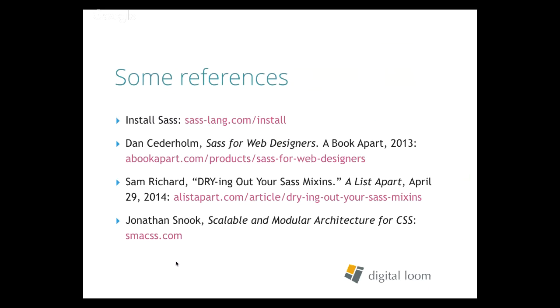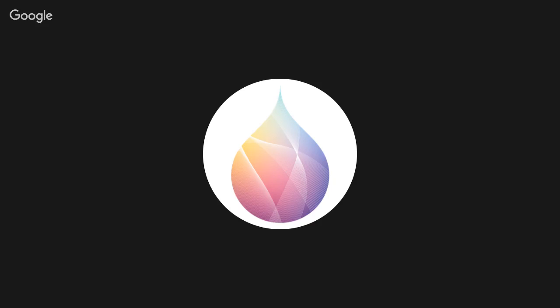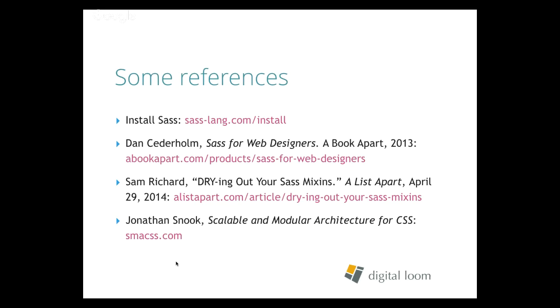And then at the end there's Jonathan Snook's reference on SMACSS, which I haven't talked about, so I don't even know why it's there. But it's one of the principles by which Drupal 8 style sheets in your themes are organized, and so I think it's important to go in and see what that's all about, because that's something that we're supposed to be using daily in any case.